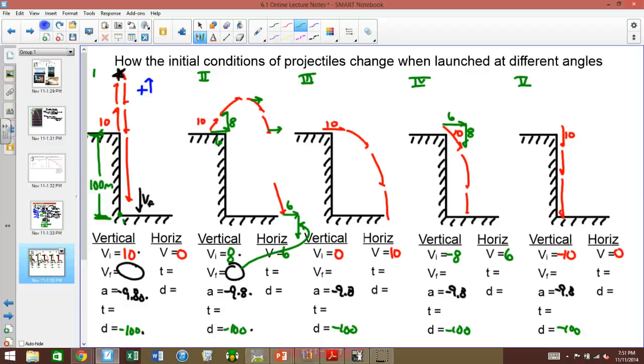The final velocity, this thing's going to be moving forward and down. It's going to be moving forward at 10 because it stays going forward with the same speed every time. Again, this one is going at 6, so they have similarities between all of them, but they're differences. So you just have to know what's going on when you set the problem up, because then all you got to do is use those big 3 equations, or velocity equals distance over time, to solve for your unknowns.